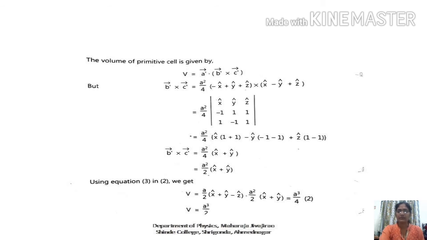So substituting the values of B and C, you can obtain B cross C. What is the B cross C value? B cross C becomes a by 2 into a by 2, that is a square by 4, into bracket minus x cap plus y cap plus z cap cross x cap minus y cap plus z cap.